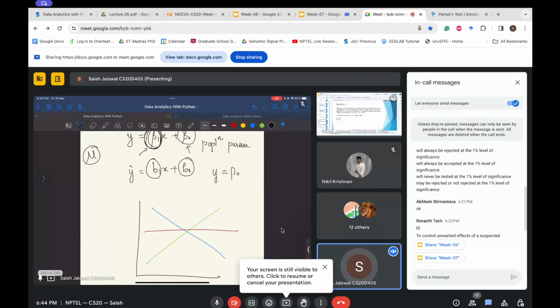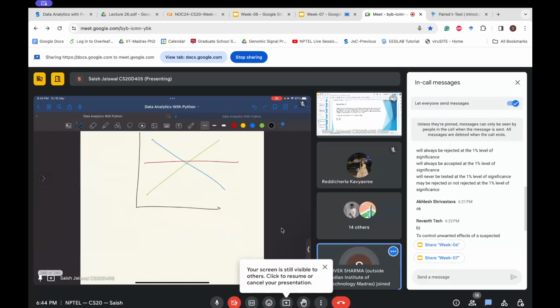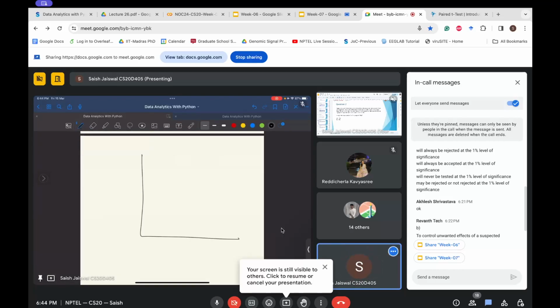So the task is to predict this and then see how significant it is. We'll come on to the significance test for these parameters. So the first question is, how do we compute this b1 and b0? We use this particular fact into consideration: a line will be a best fit for a given set of points if it minimizes the error between the points and the estimated values.